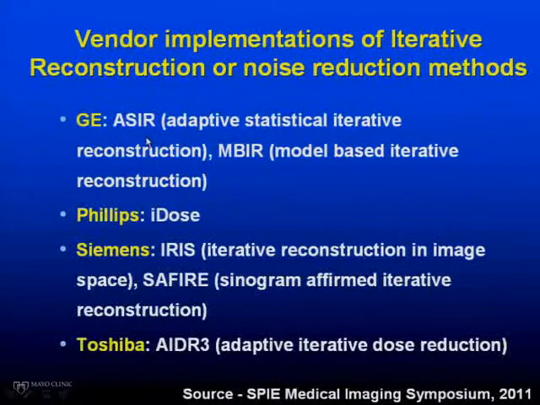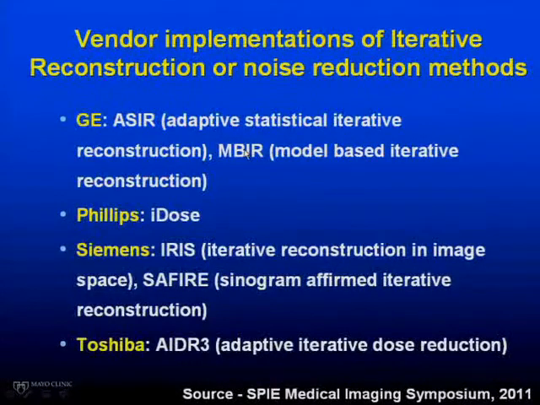Like GE has the ASiR and MBIR, Philips iDose, Siemens IRIS and SAFIRE, Toshiba AIDR 3D. Some of them are real full iterative reconstruction, going back and forth between the projection, the raw data, and the image domain, like the MBIR.